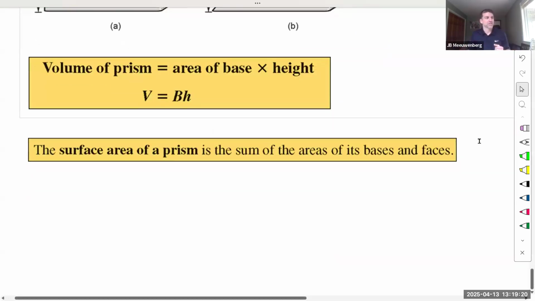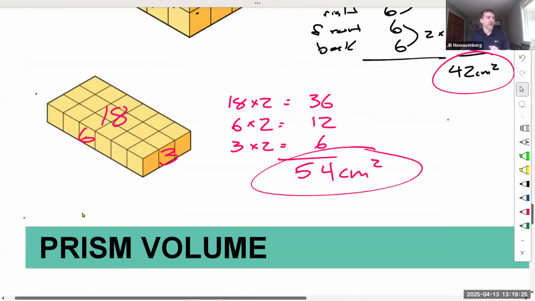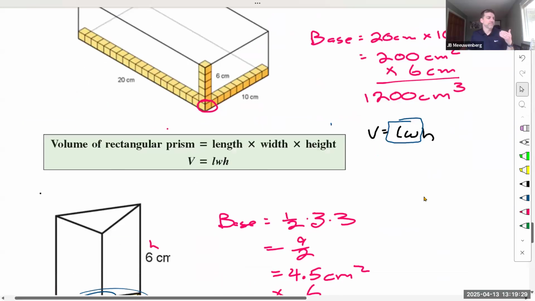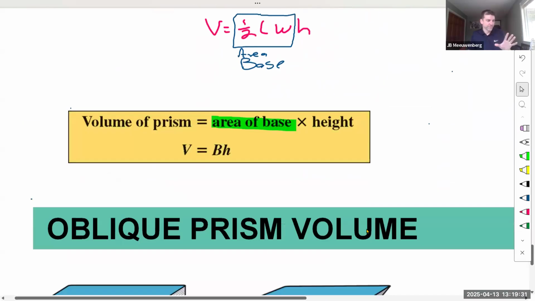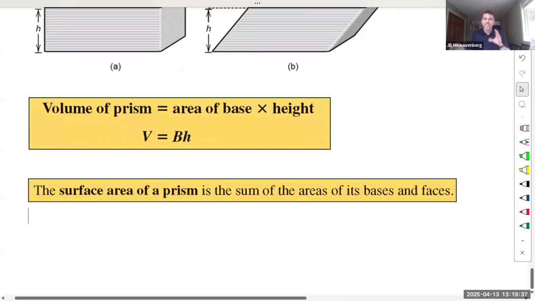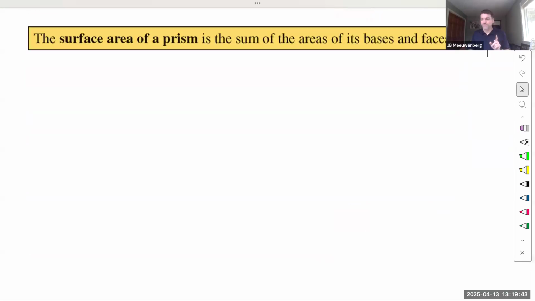We already did this a little bit in the previous video when we were finding the surface area of this, right? So the surface area of a prism is the sum, add them all up, of all of the areas of the bases and the faces, right? So that's going to be the case for any type of prism. So let's move on and talk about cylinders.